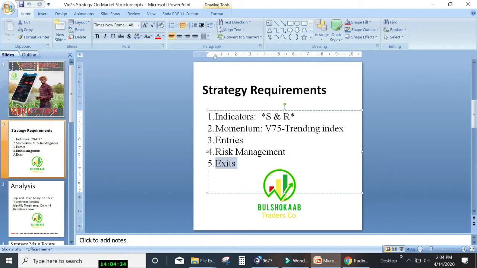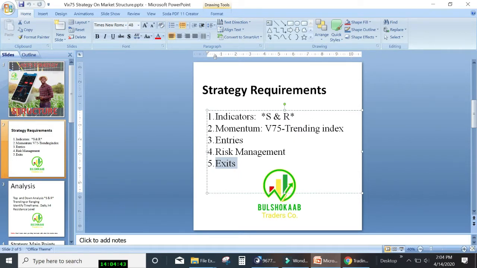So where is my exit point? How can I exit? And when can I exit?